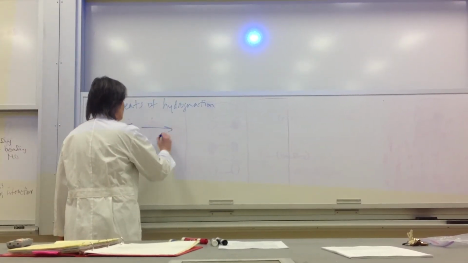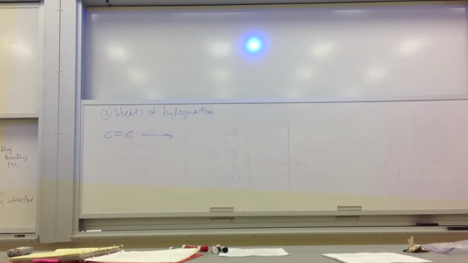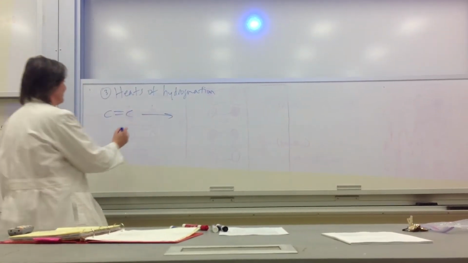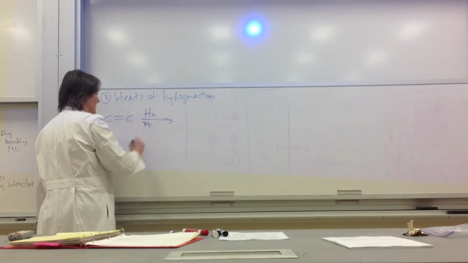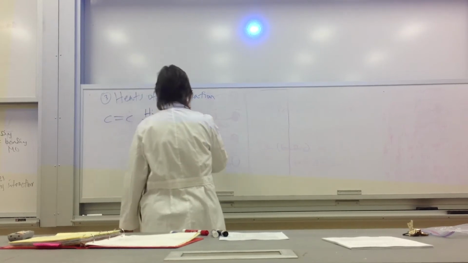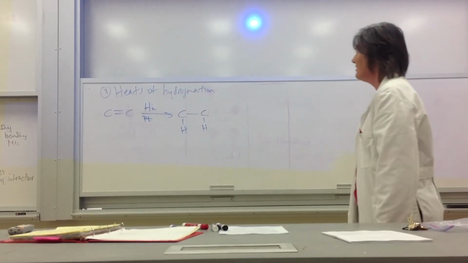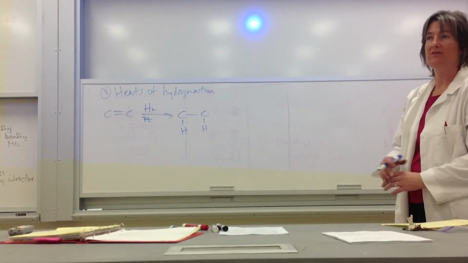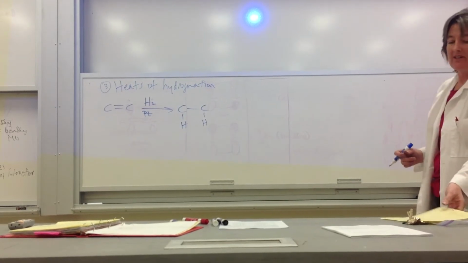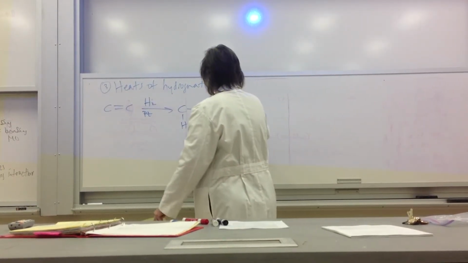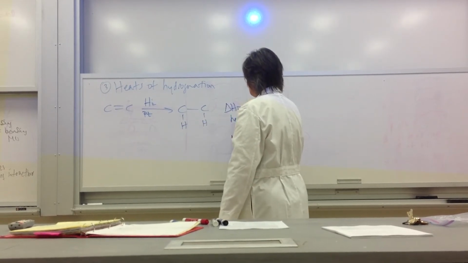I have a double bond, and what am I adding to it? H2. And what else is needed? Yeah, some kind of catalyst. And I put hydrogen there, so I'm going to an alkane when I do a hydrogenation. So that's a hydrogenation reaction, and there's some kind of heat that's negative, so heat's released.